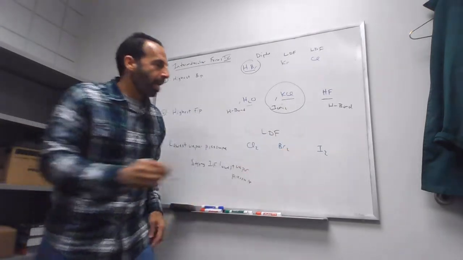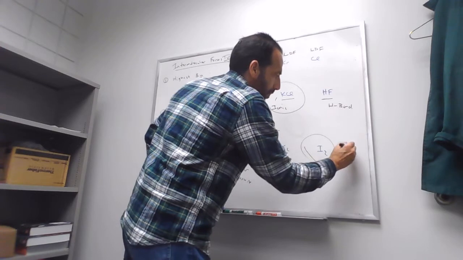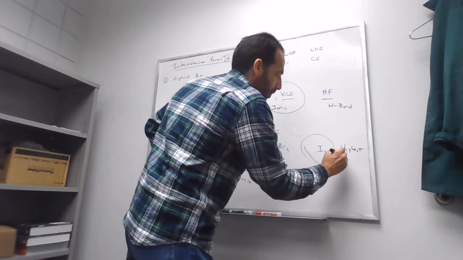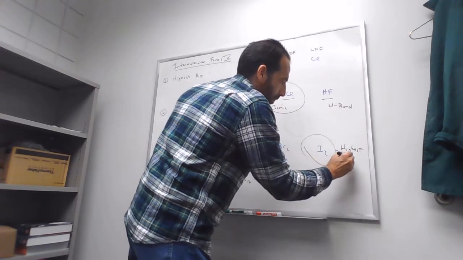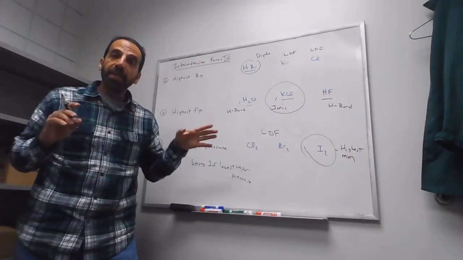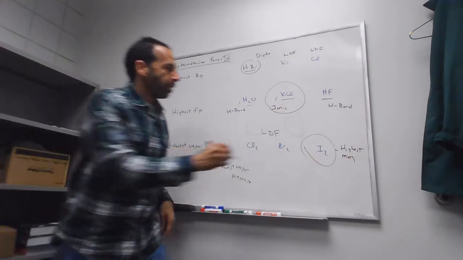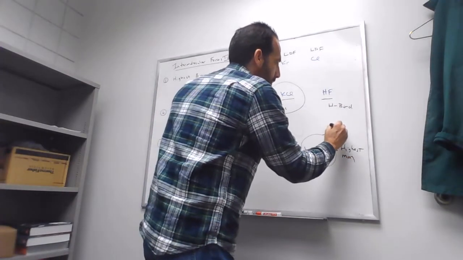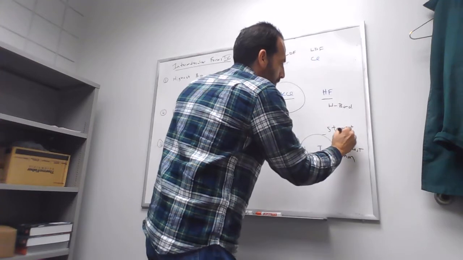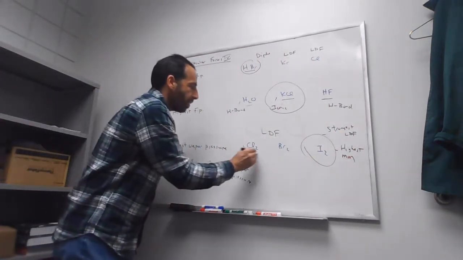Iodine has the highest molar mass, so it's going to have the strongest LDF. Chlorine is the smallest, the weakest LDF.